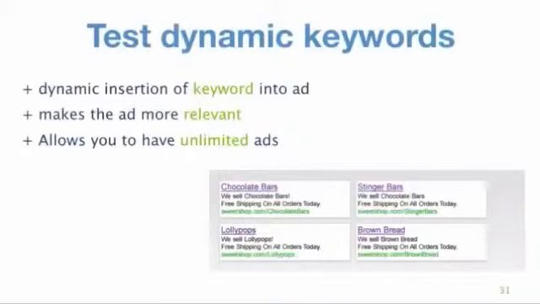In this case, somebody typing in chocolate bars, and the title of their ad, chocolate bars, would be in the headline. They inserted chocolate bars here, and they inserted chocolate bars there. Okay? When the search was for Stinger bars, then Stinger bars was incorporated. For lollipops, lollipops was incorporated. You can dynamically insert those keywords into the ads, making the ads more relevant and essentially allowing you to have an unlimited amount of ads.